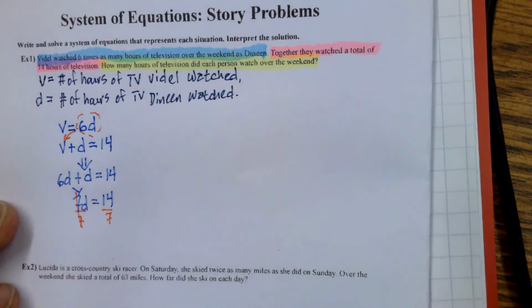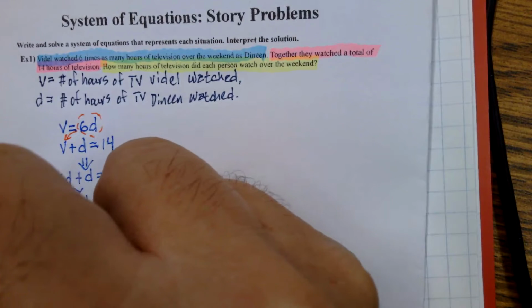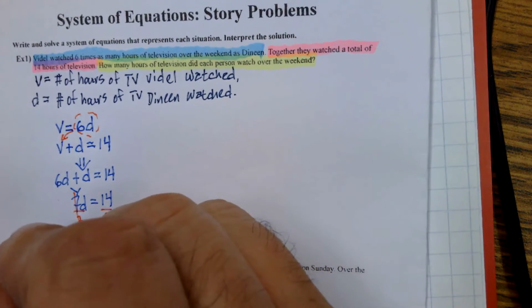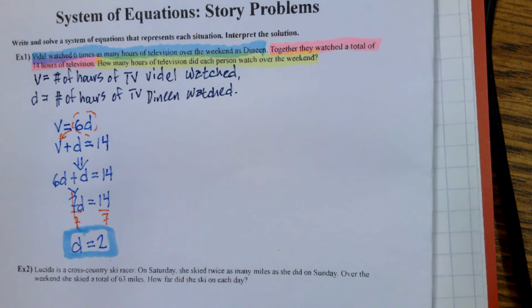But D equals the number of hours Deneen watched. Oh, you're ahead of me. Hold on. So we got part of our answer.